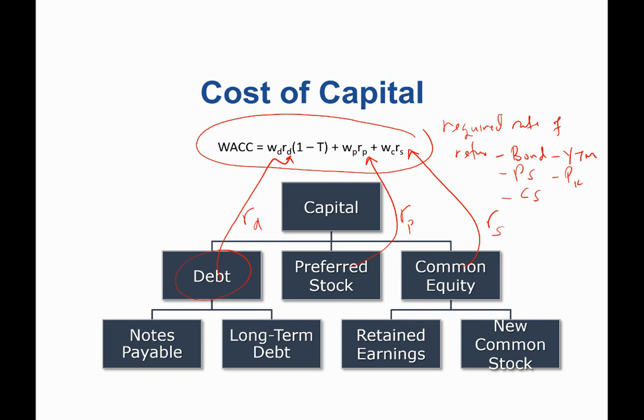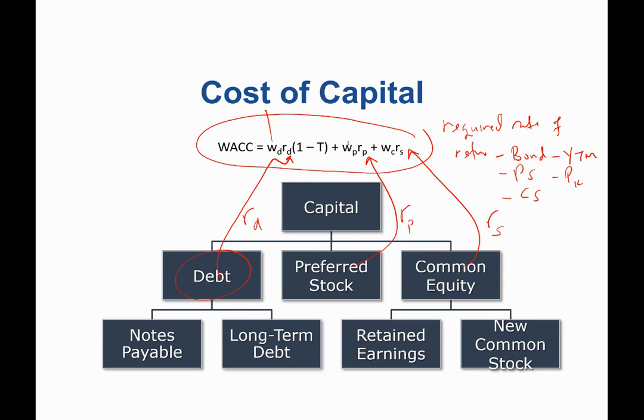Because we are talking about a weighted average, we have to determine how much debt is being used to finance the company's operations, how much preferred stock is being used, and how much common stock is being used. The weight W_D will be the weight of debt.